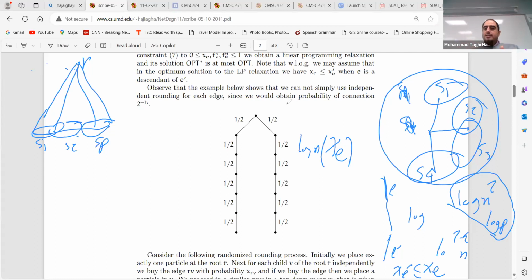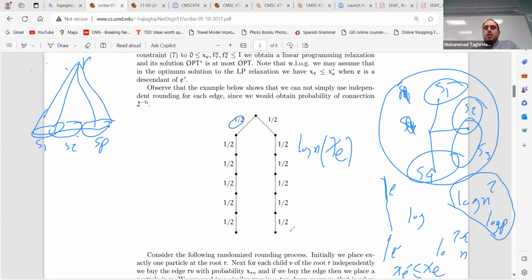However, in this case, for Steiner tree, this type of thing does not work. Why? If you consider this one, for example, you will put 1/2 here. If you want to consider each edge independently, you will round it with probability xe.